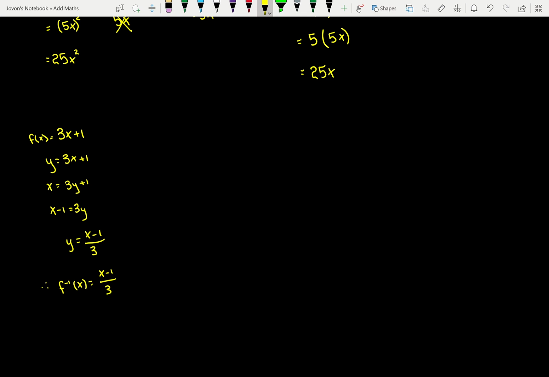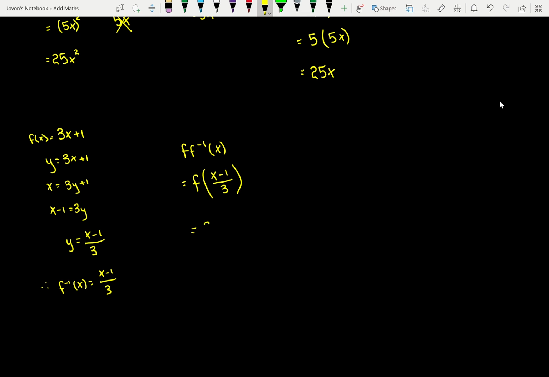So what we're going to do now is find f of f inverse of x. We have f, and we open brackets and put in f inverse of x, which is x minus 1 all over 3. Now in f of x, wherever we see x, we're going to replace it by x minus 1 over 3.